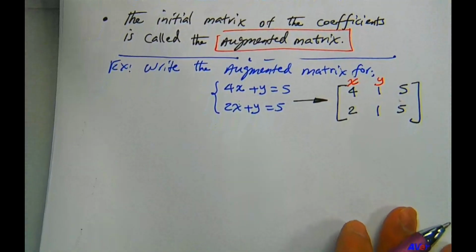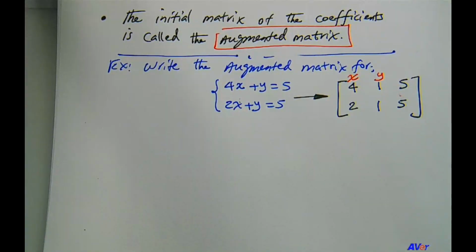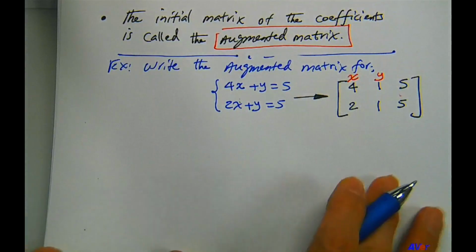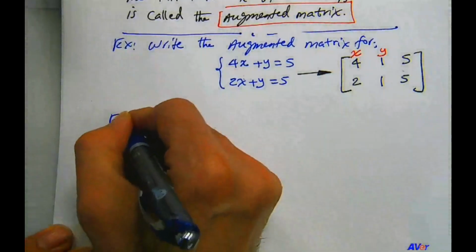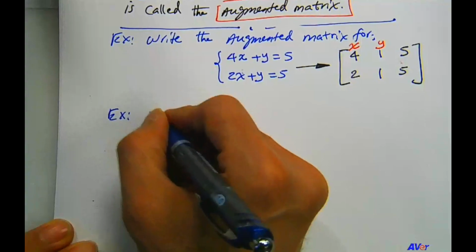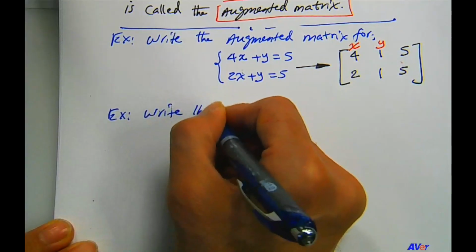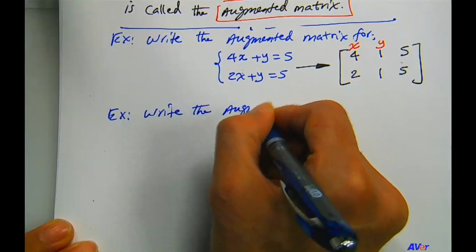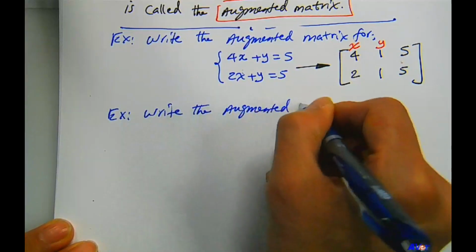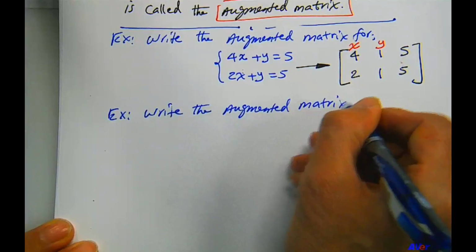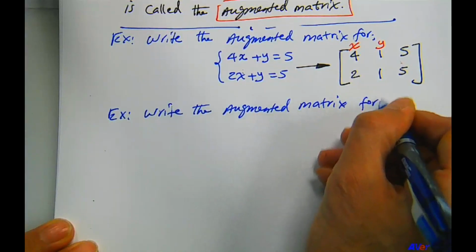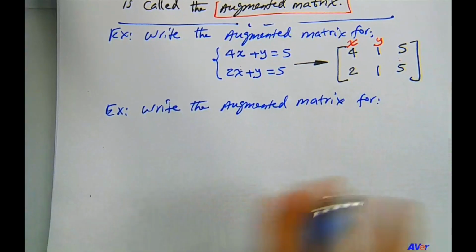Okay, so let's do the same thing for a system of 3 equations and 3 unknowns. So we want to write the augmented matrix once more for this system.